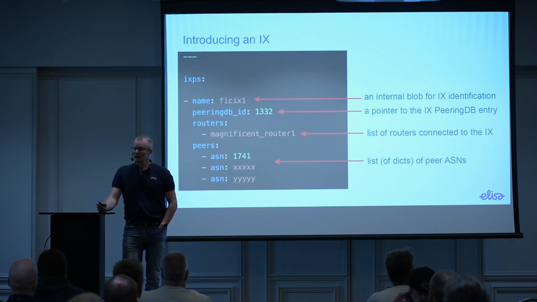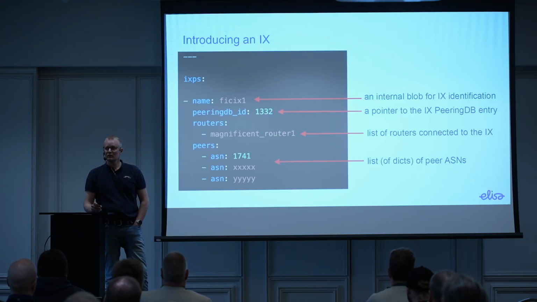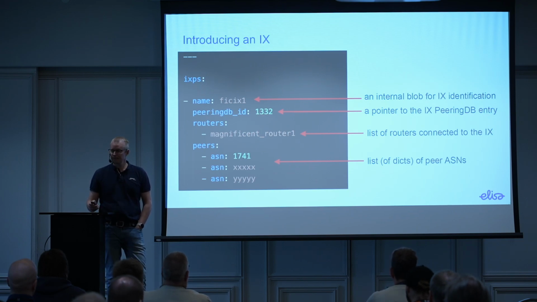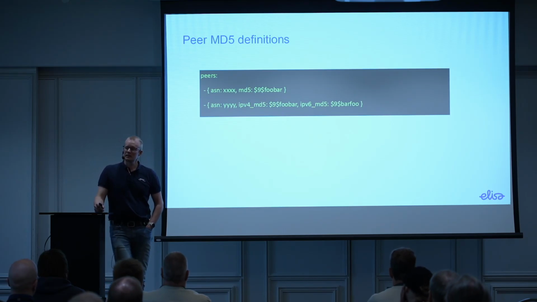And finally, the peers are defined as a list, or more specifically as a list of dictionaries. It's basically just a whitelist of all the peers in the given IX that we are willing to peer with. The reason why the peers are defined as dictionaries is that this way we can define some additional attributes, most notably MD5 passwords that are currently defined this way.